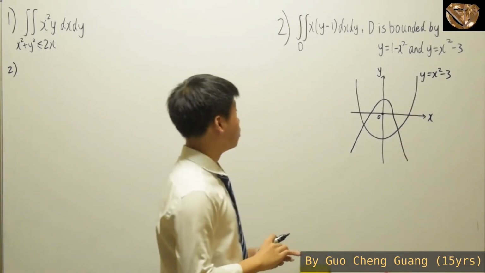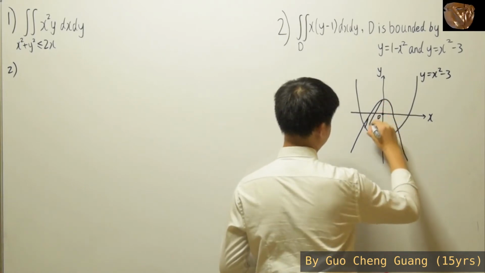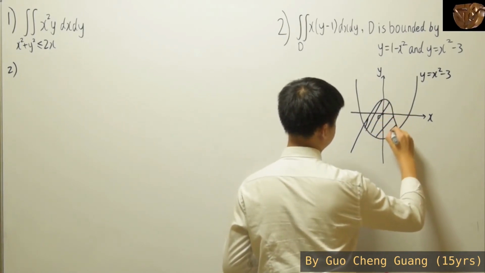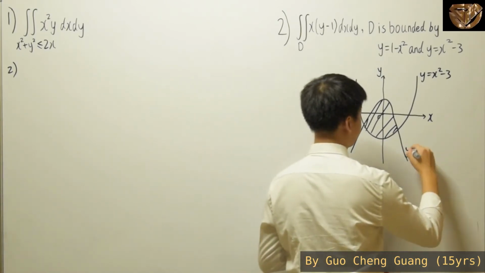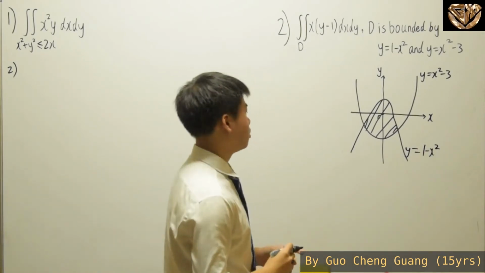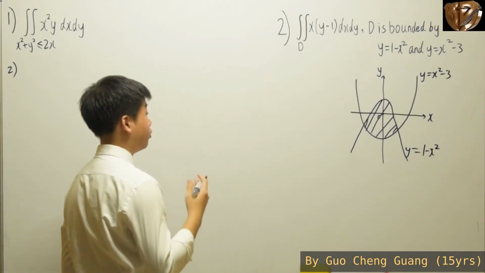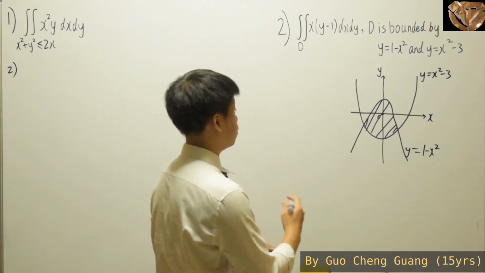Okay, so what would this area bounded be? That would just be this area over here. Right, so this is your y is equal to 1 minus x squared graph. But of course, you need to know what kind of intersection points you have. So x squared minus 3 is equal to 1 minus x squared.